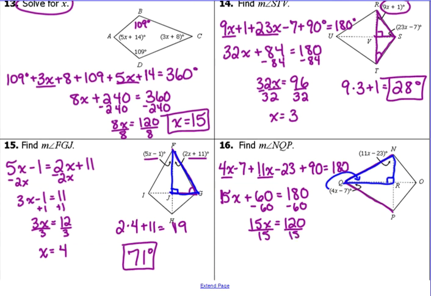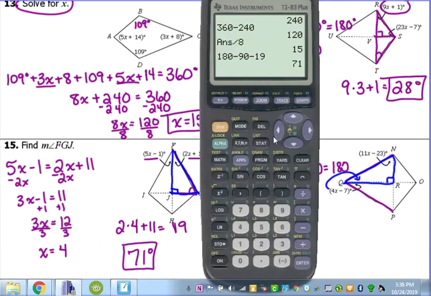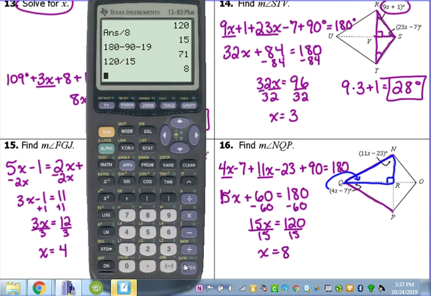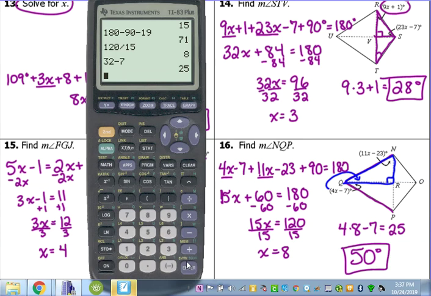Divide by 15. X equals 8. We're not looking for x. We want NQP. Half of NQP is 4 times x minus 7. So that's 32 minus 7, which is 25. That's only half of it. So we've got to double it. The entire angle there at Q is 50.